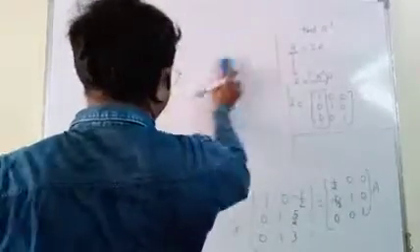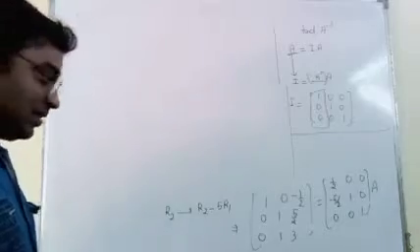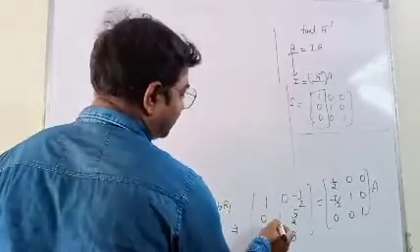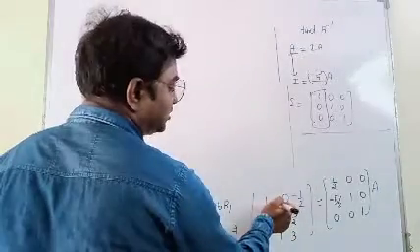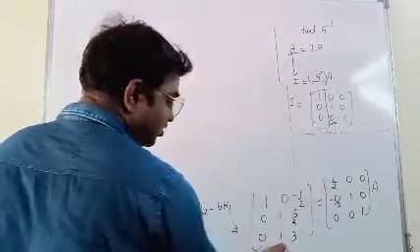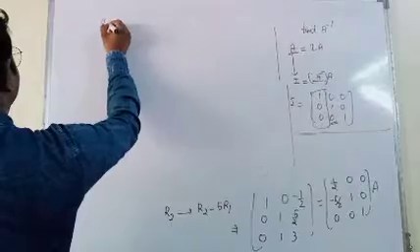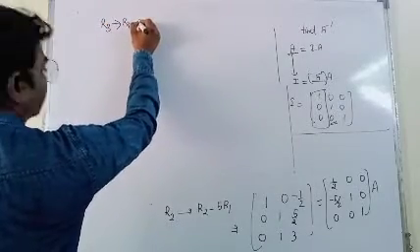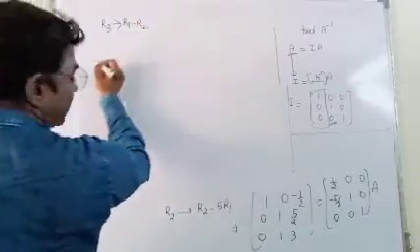Now the next part we need to do. Here what we got is 1 0 0. Here 1 is available, in the upper part 0 is available, and the next is 0 also. What we do is R3 tends to R3 minus R2.